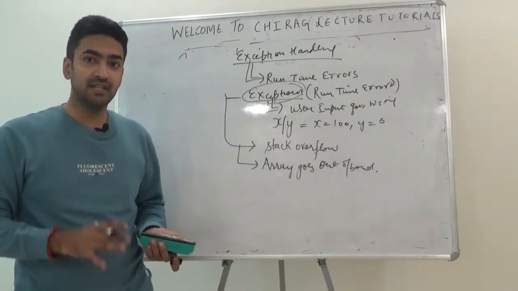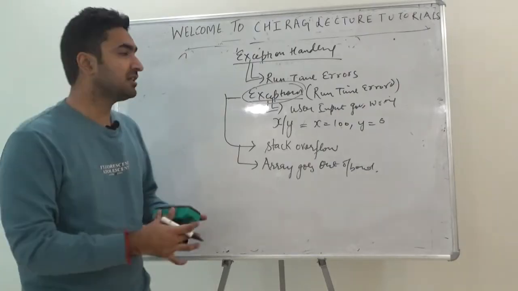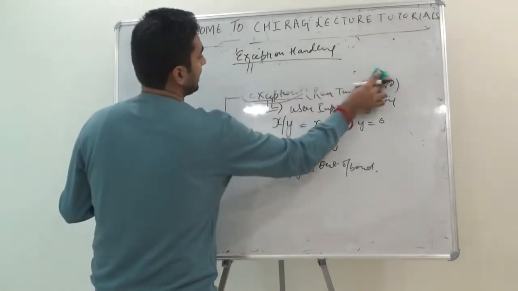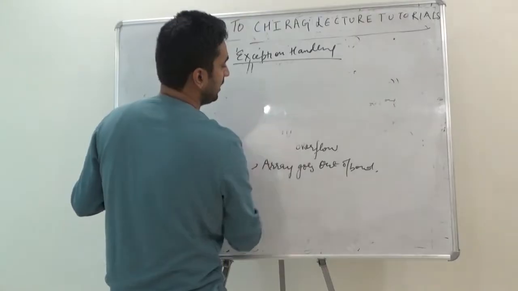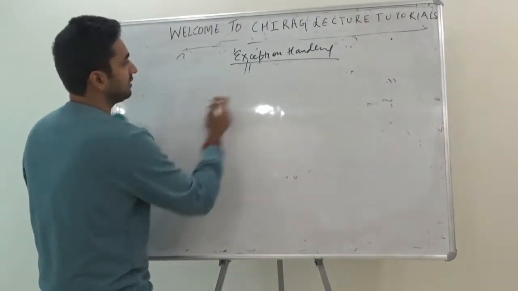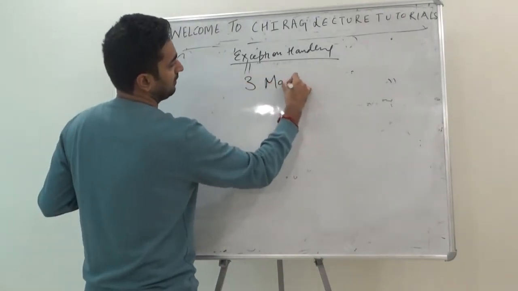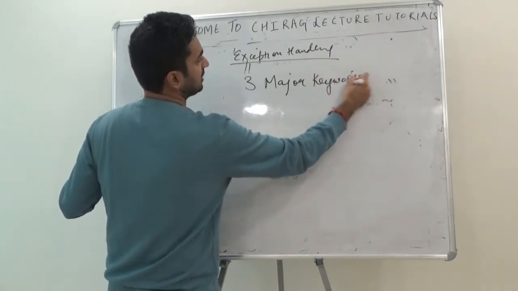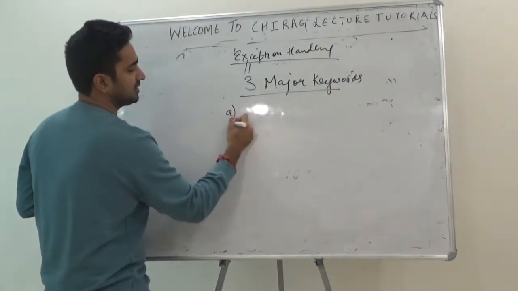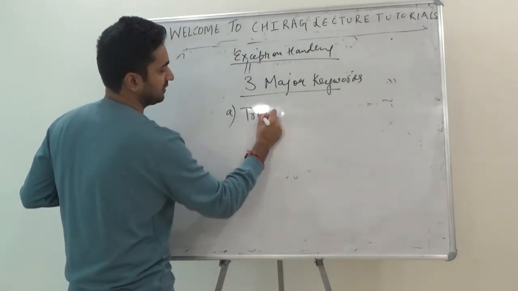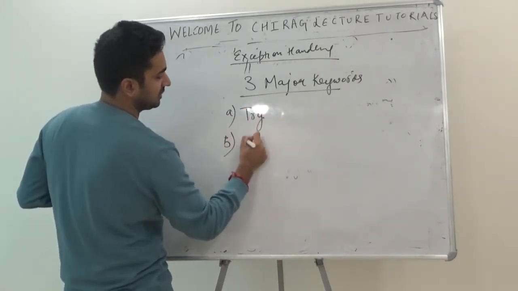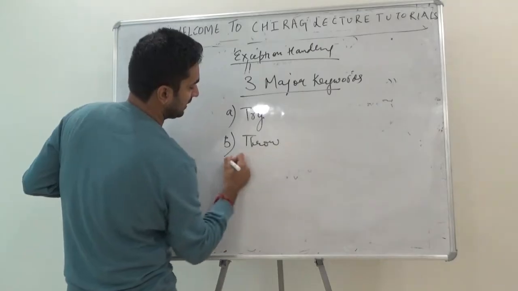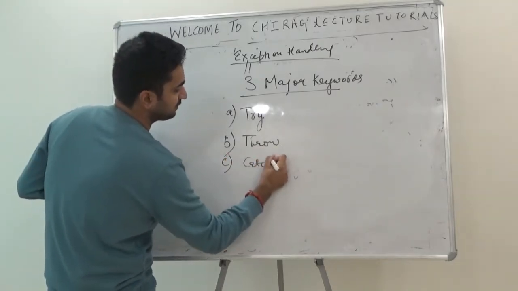It is not solved in C language, but in C++, exception handling is solved by using three major keywords. The three major keywords are: first is try, second is throw, and third is catch.